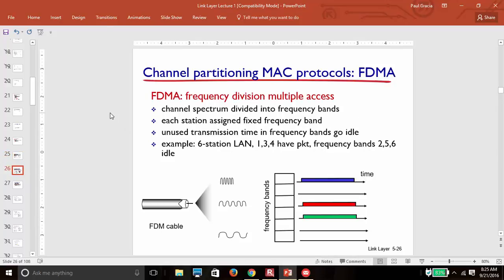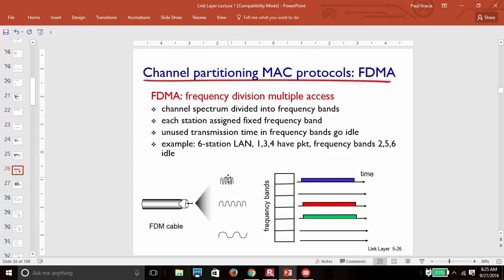In frequency division multiple access, you separate the channel into different frequency bands. So you have different frequencies, and the signal is sent with this frequency, this frequency, and this frequency.